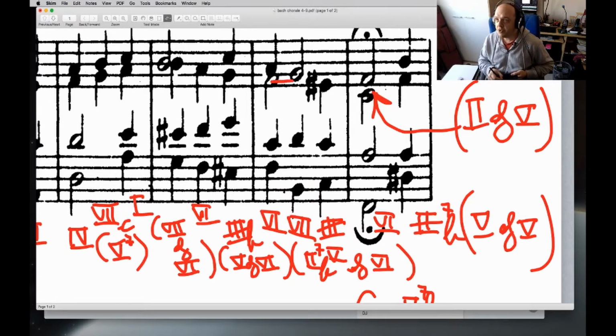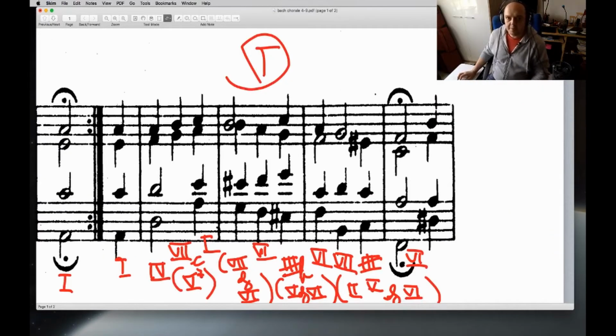That's the 7th which has been held from the previous beat, and then behaves as a 7th by dropping half a tone in the next to become the third of the next chord. So the full chord symbol there is 2, 7, B, first inversion of 6.